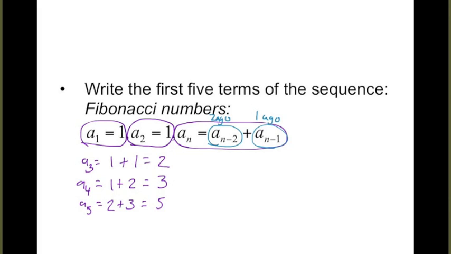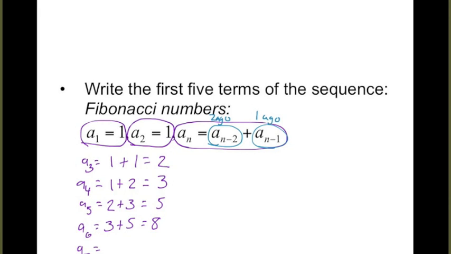That gives 5. This is like the first 5 terms. I guess we're at a sub 5, but I'm going to say let's actually find 5 of them since we were given the first 2. So a sub 6 is going to take 2 answers ago, 3, and add it to 1 answer ago, 5, and that gives 8.